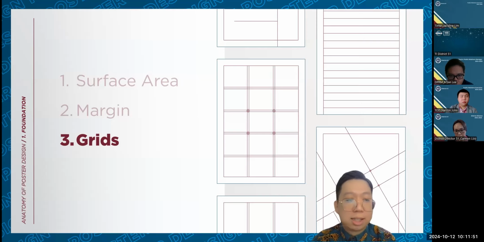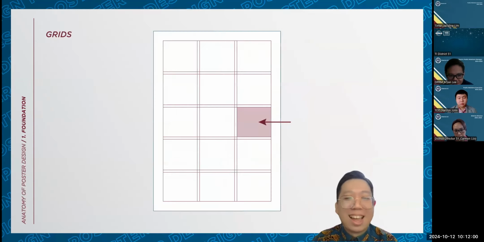Next, we have grids. Now, grids in poster design are the invisible architect, not visible. And this will be typically the structure inside the margin space. So grids bring order, alignment, and balance to elements, ensuring a harmonious layout.